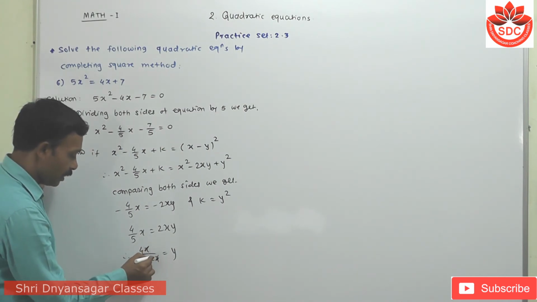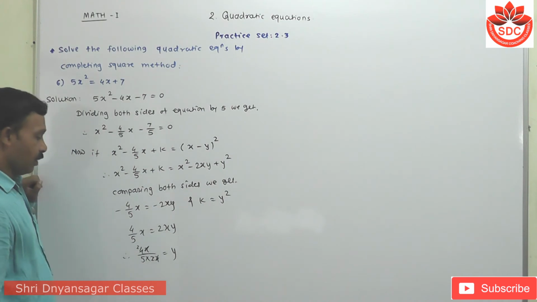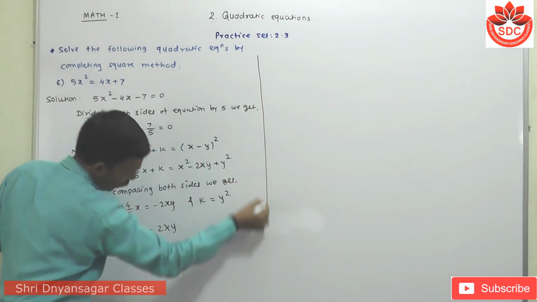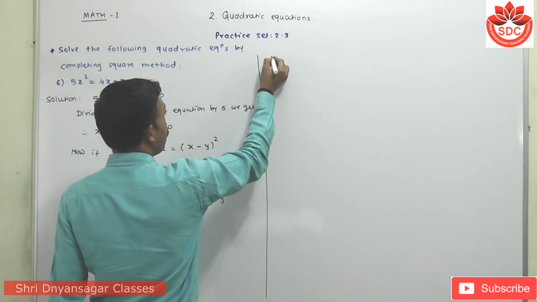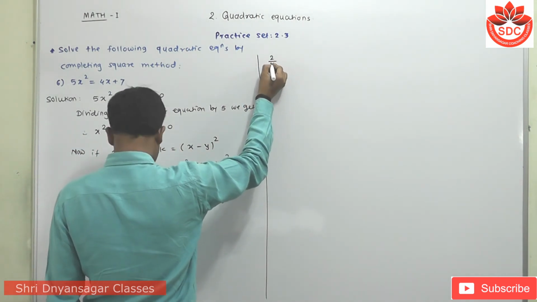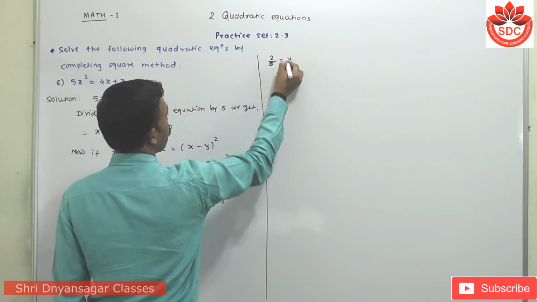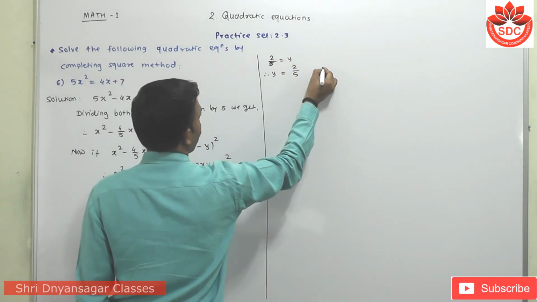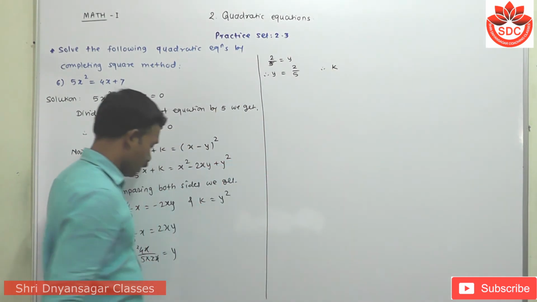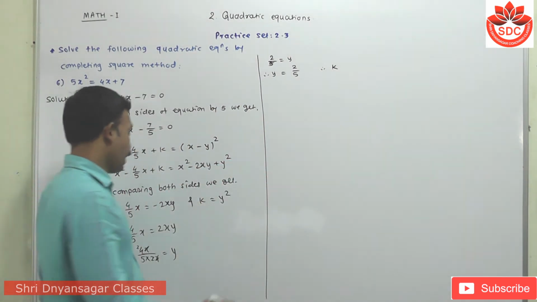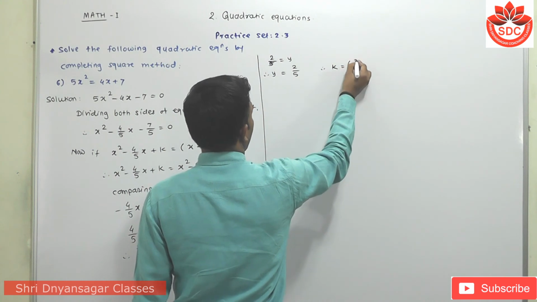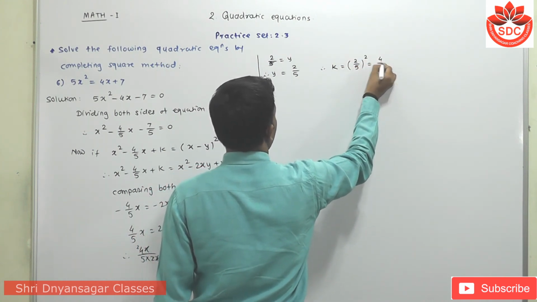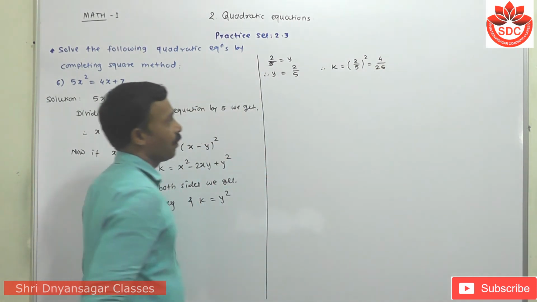The x's get cancelled, 2 twos are 4. Therefore, the value of y is 2 upon 5. Therefore, k is equal to y square, which is 2 upon 5 square, equal to 4 upon 25.